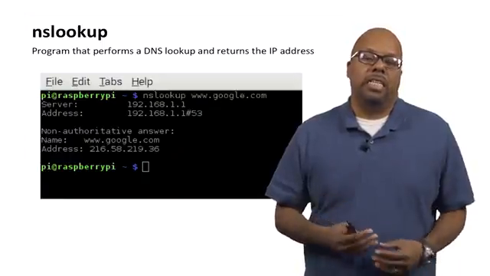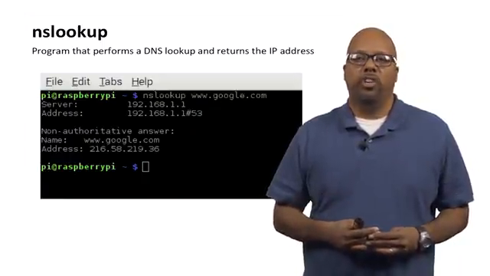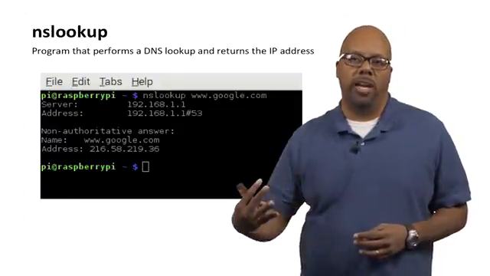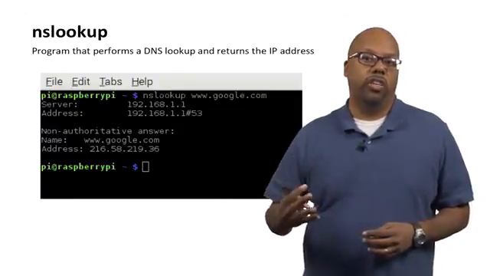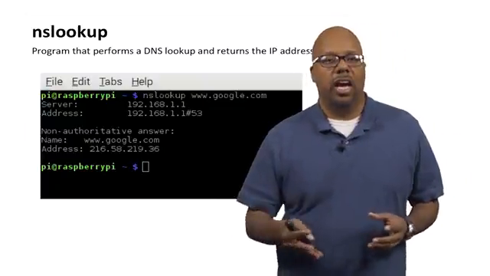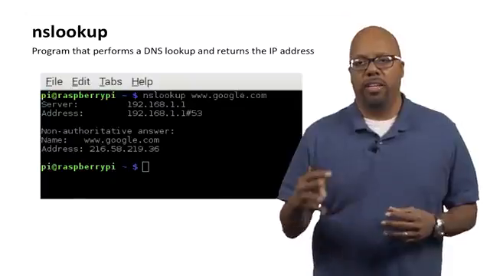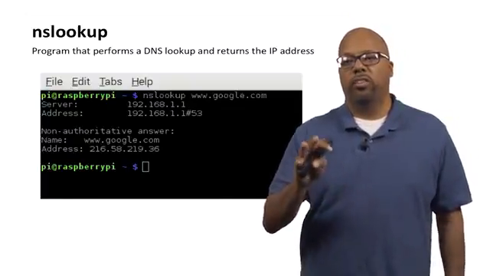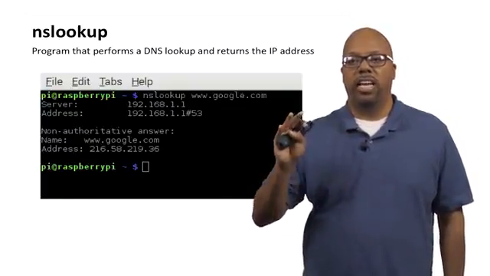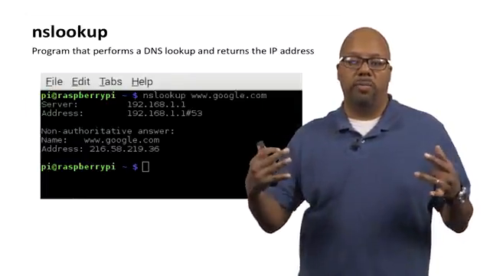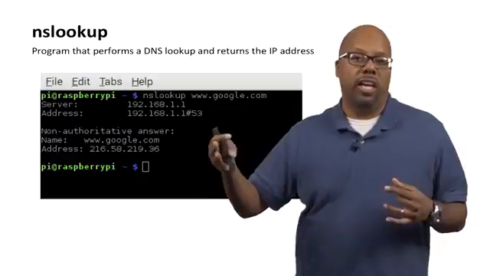Whatever domain you're in, there's a DNS server associated with your domain. There's a default DNS server, or you can specify it if you wanted to, but I didn't specify it. This is my default for my domain. The server's address is 192.168.1.1. And see where it says address, it's the same IP address, and then it says #53.